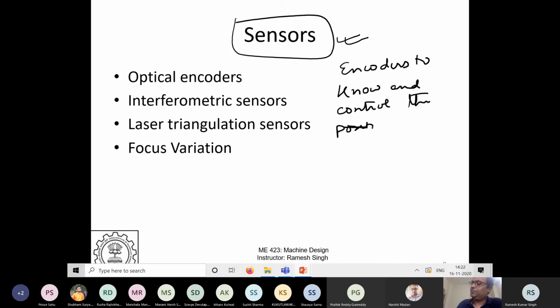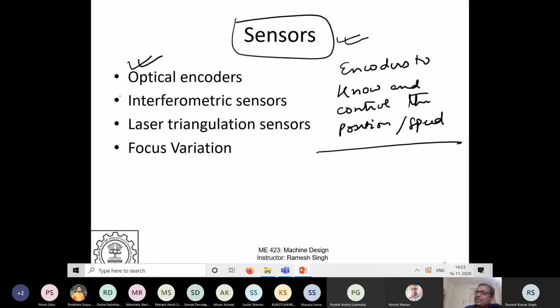We can also do torque control, but typically we'll say position and speed, because most of the machines we design will always have some positioning, whether it's a robot, a gantry system, a machine tool system, or anywhere you need power. You need motors, and if you want to use them for motion, you need to be able to sense it. So the first class of encoders are optical encoders.